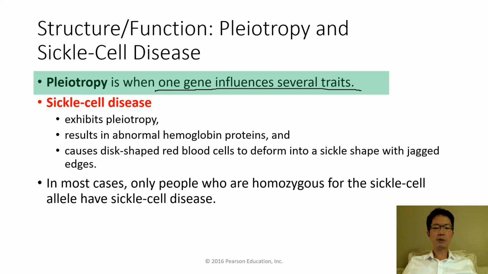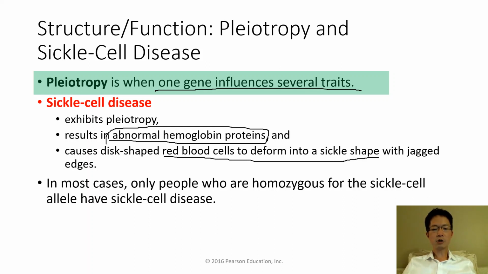An example will be sickle-cell anemia or sickle-cell disease. Why? Because it is one amino acid mutation. There's one gene mutated so that it will change the amino acids, and then it will cause two changes. One is the hemoglobin protein will change the shape, and then also the red blood cell will change the shape into sickle shape.